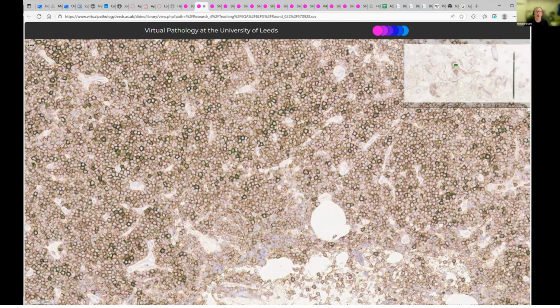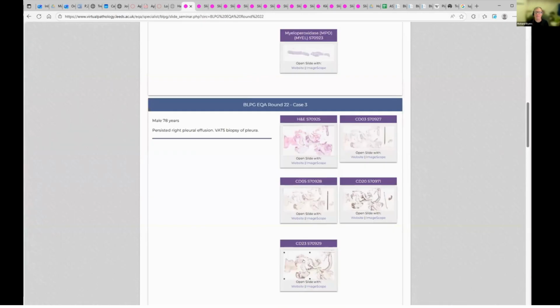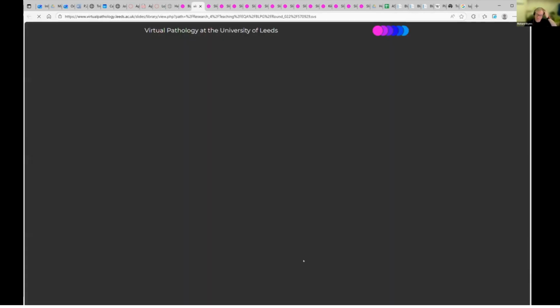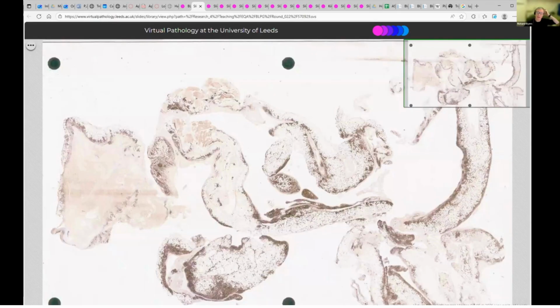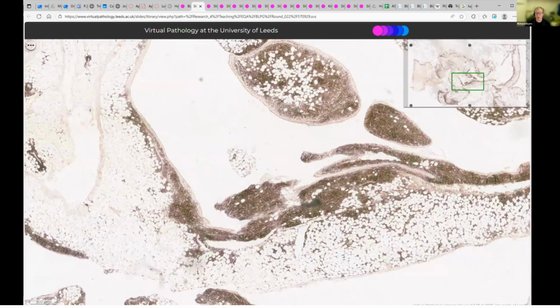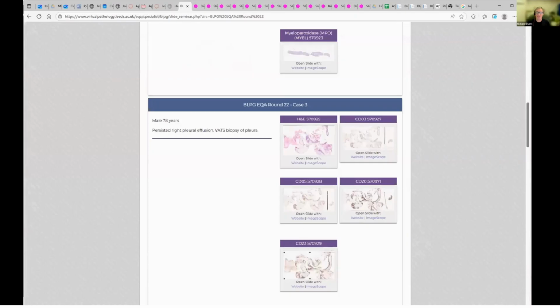So you've always got to look at high power, and you've always got to see some really dark residual T cells in it. CD23 is classically positive in CLL, though not all CLL is positive for 23. And the one stain they haven't given us is cyclin D1.